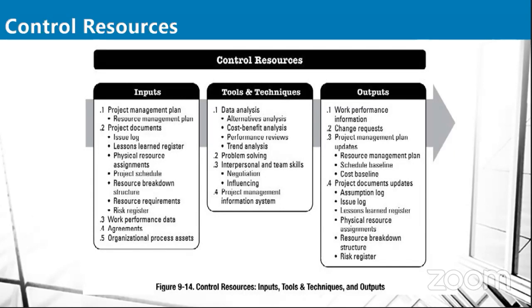Then, of course, tools and techniques. Of course, your tools and techniques, alternatives analysis. You understand? Then you have your alternative analysis, cost benefit analysis, performance reviews, trend analysis. You have to consider all those things when you are controlling the resources. You see that cost is also coming into play here.